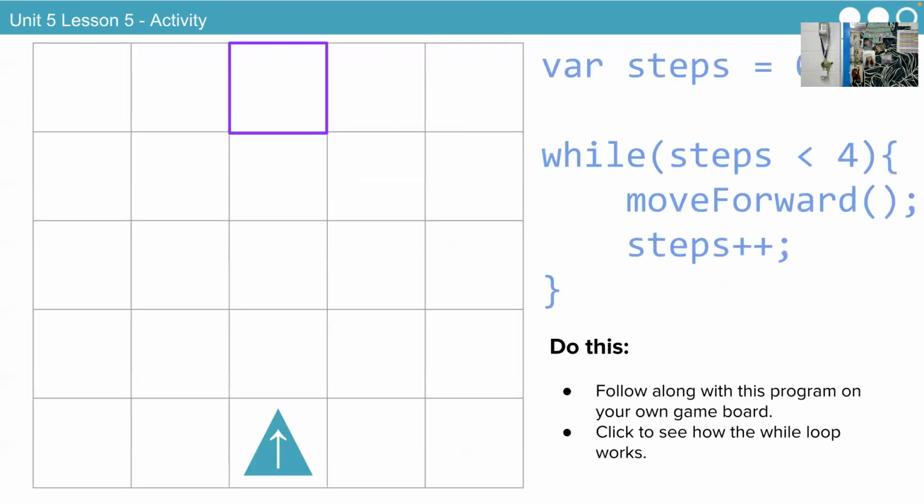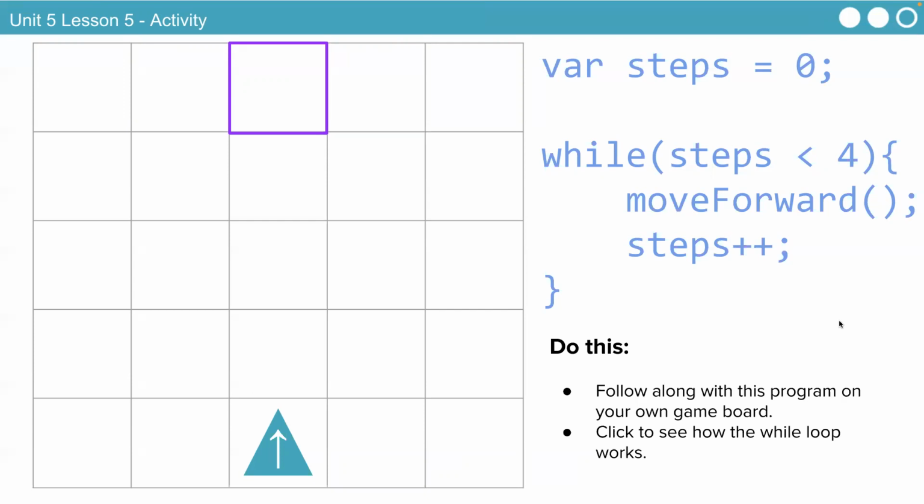Okay, so first we create a variable called steps. Steps is 0. Steps is just going to be our counter, right? So while steps is less than 4, let's move forward and then steps plus plus.